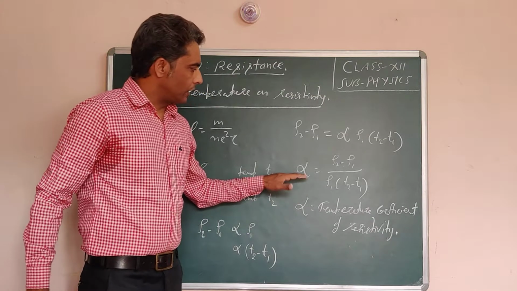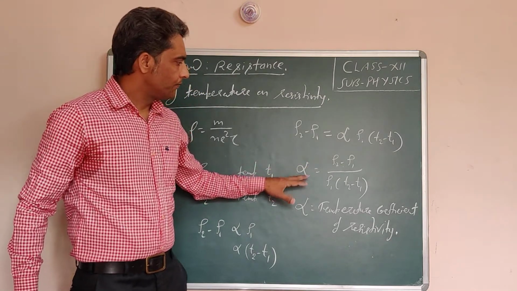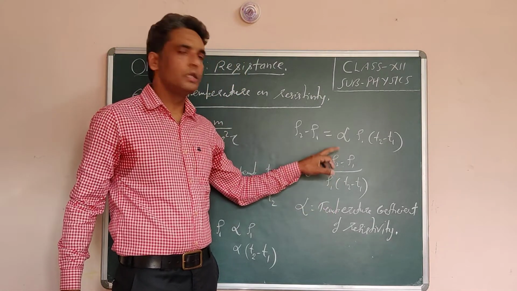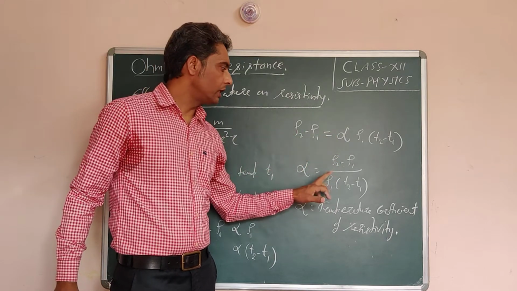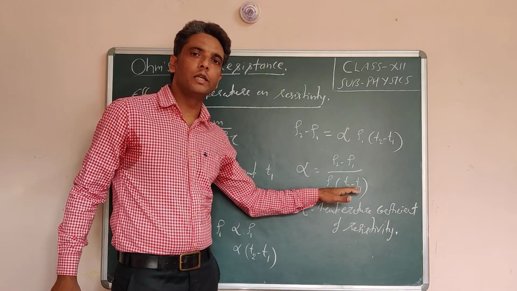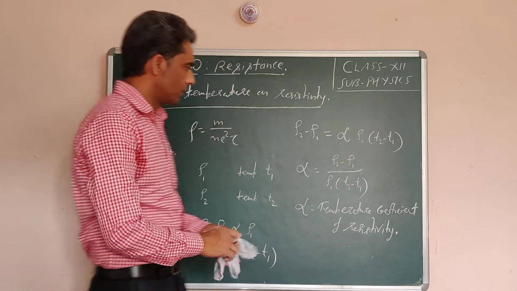So we can define the temperature coefficient of resistivity as the ratio of change in resistivity per unit initial resistivity per degree rise in temperature.